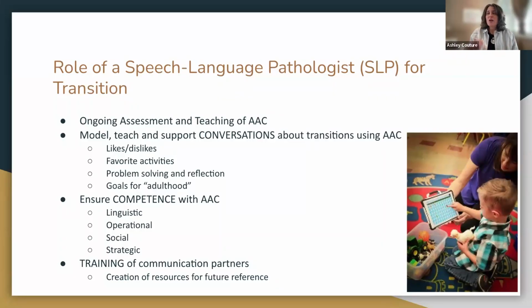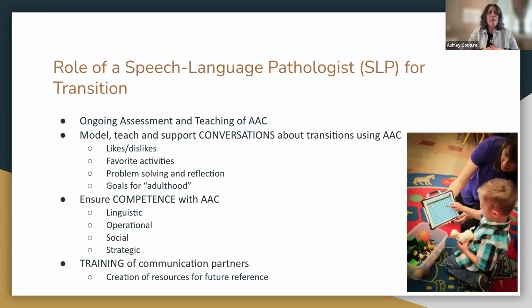So in general, my soapbox about this is that we should be having these conversations way earlier. And the other soapbox is that we should be having these conversations with students using AAC the same way that we're having these conversations with students not using AAC.